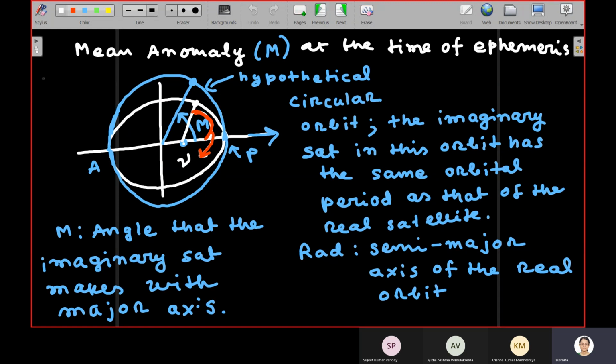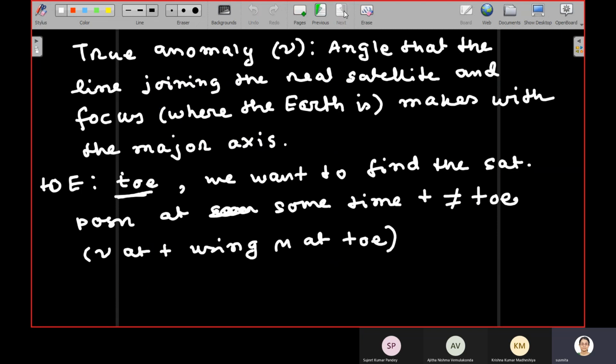And the orbital period, let's say, is t. The imaginary satellite has the same orbital period as that of the real satellite. We can use that to find the angular velocity of the imaginary satellite. So n is the angular velocity.